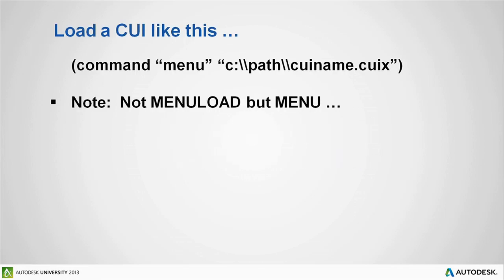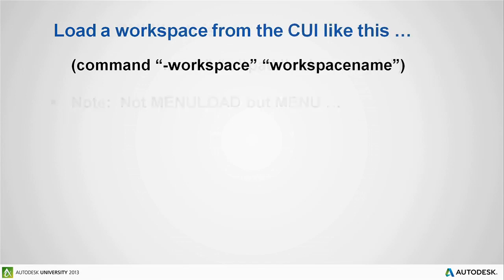A couple more things. In the next section of my kind of standard startup routine, what I will do is make sure that we load in whatever our standard CUI, menu architecture, should be. It's standard for a reason, right? So I'm going to go ahead and load it when we come in. If you'd like to set to a specific standardized workspace, you can do it that way.